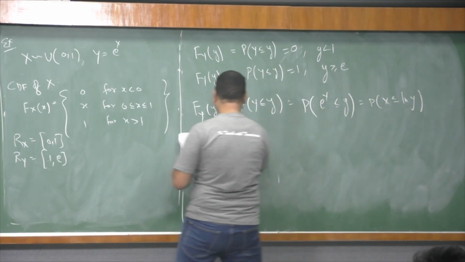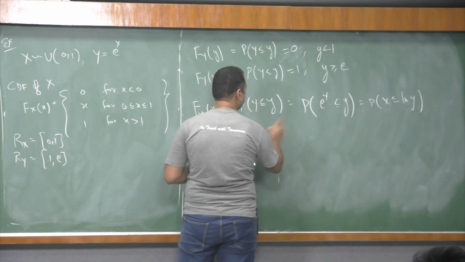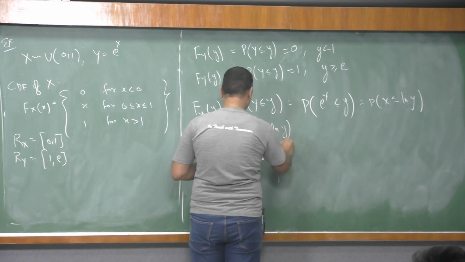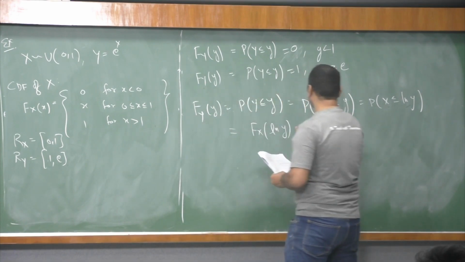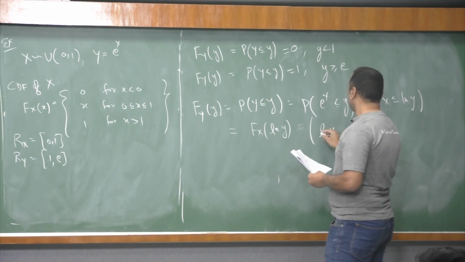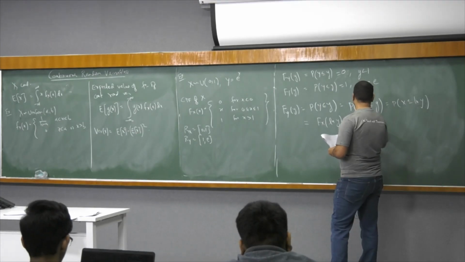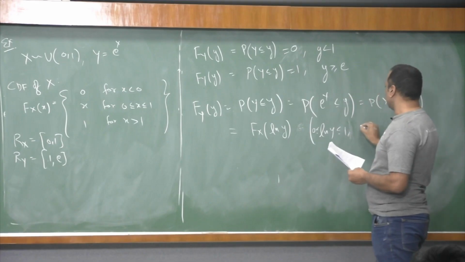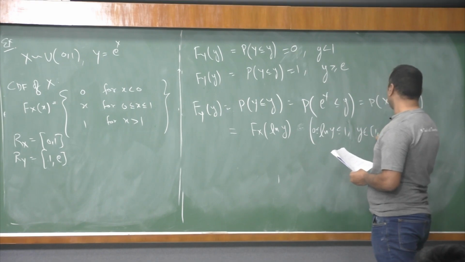We will just note this down. So this is basically F_X of ln y, because ln y is greater than or equal to 0, this indeed lies between the range, and this is because y lies between 1 and e.